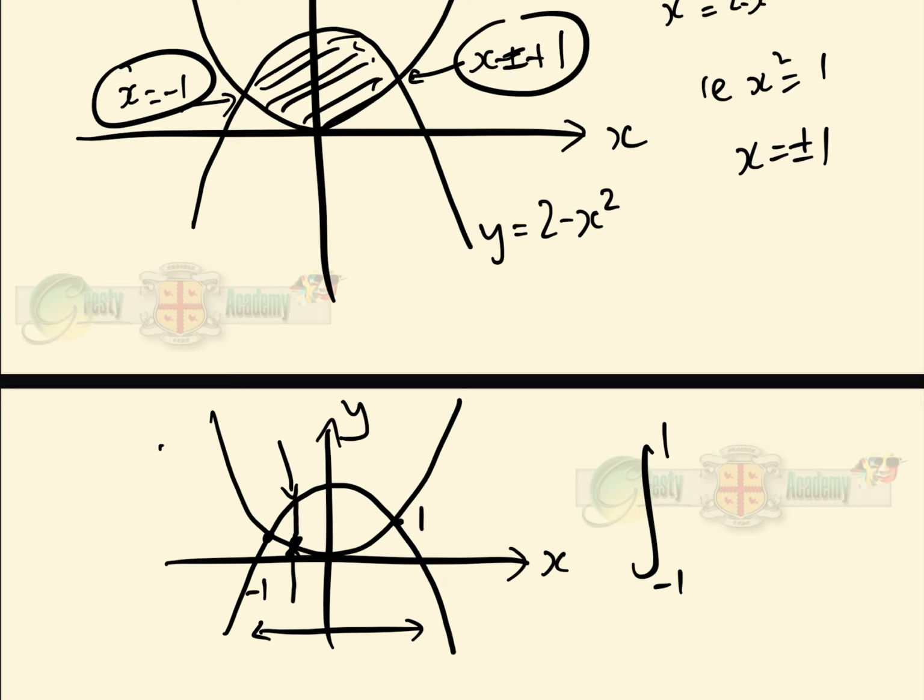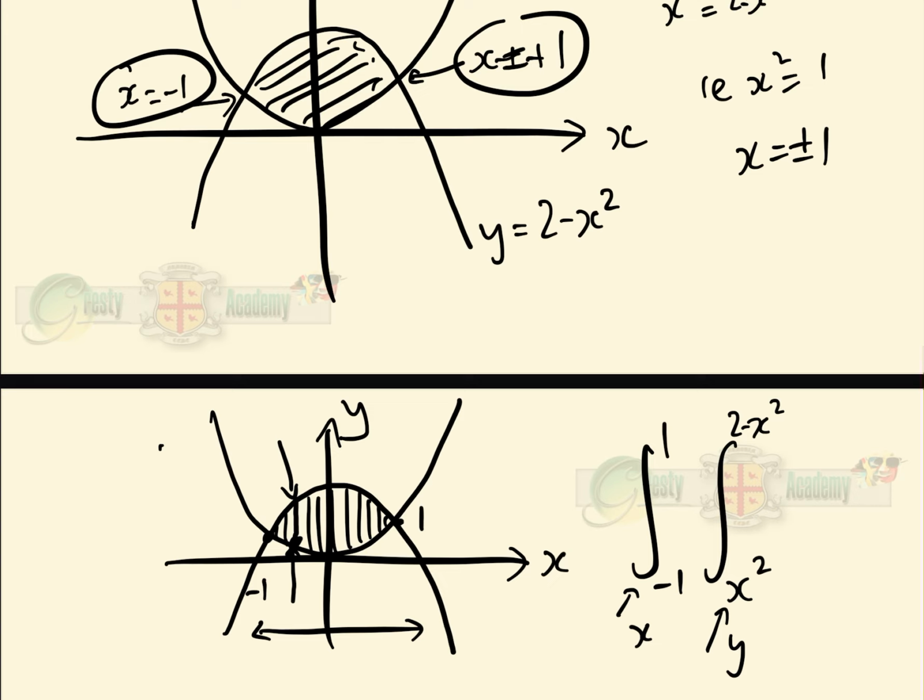When we do that across from minus 1 to 1, we will have covered the entire area that we need to integrate. So this will be our x integral, and for our y integral, we enter at x squared and exit at 2 minus x squared.